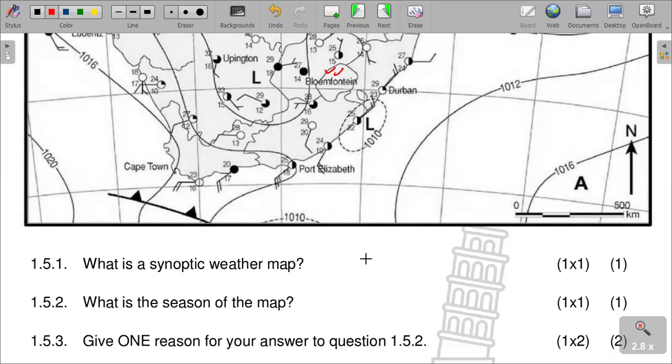It's a map that offers a summary of weather conditions over a country over a particular period of time.